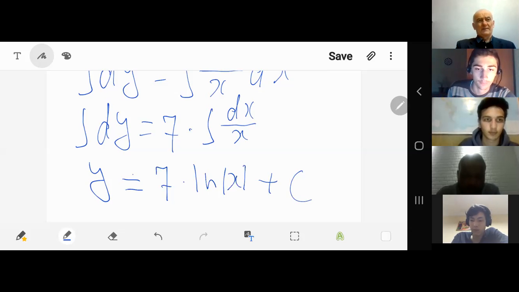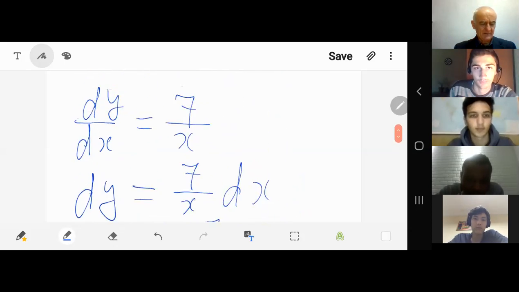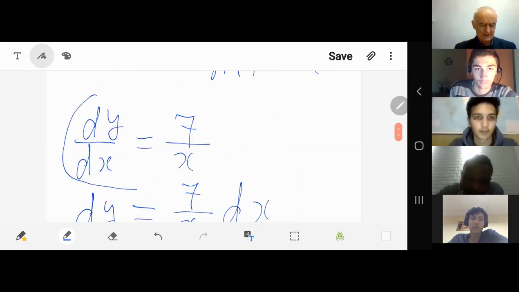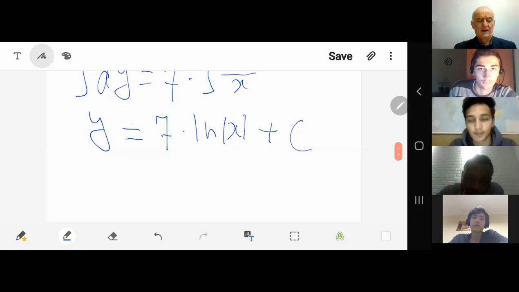So this is a solution. Now, let's ask, how many solutions does this differential equation have? It has an infinite number of solutions, because in our function we have a constant.